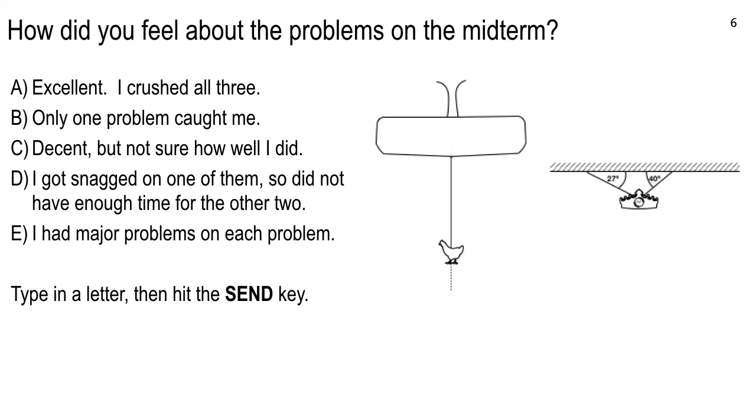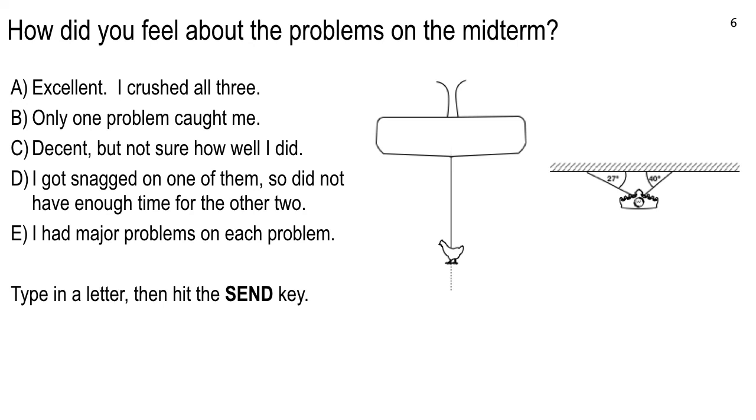All right, let's take a look at that one. Okay, so this one is a little bit different. Not so much of category A. A couple of you, only one problem. C, a bunch. That's the biggest pile. Decent. Not sure how well I did.